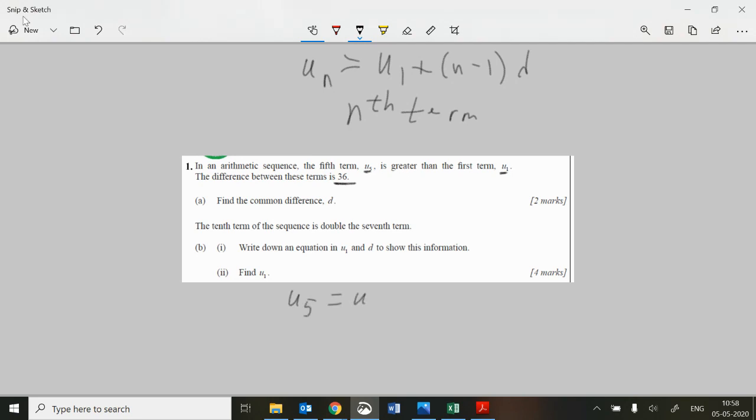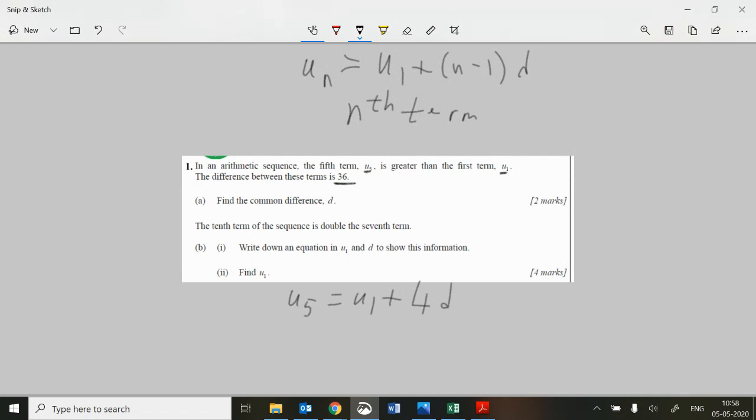U5 is equal to U1 plus (n minus 1) times this d on the end. Now, we know that n in that case is 5, so we'd say 5 take away 1 lot of d, or we can simplify that to 4d.